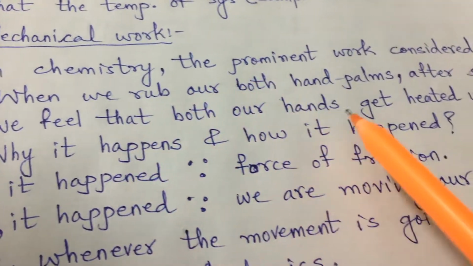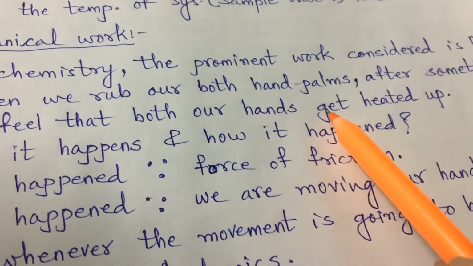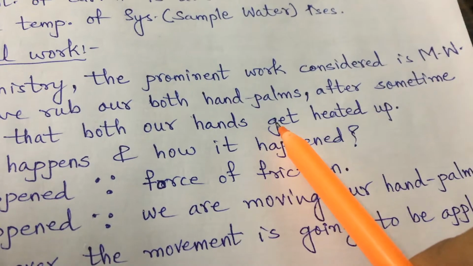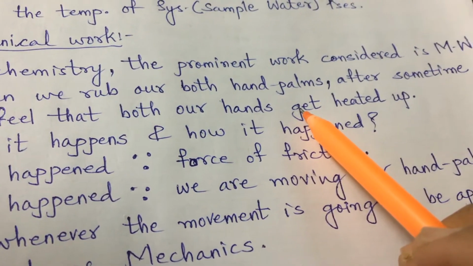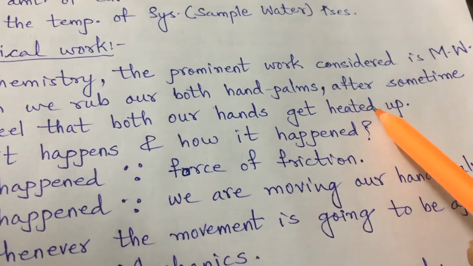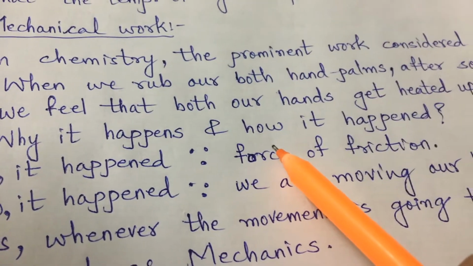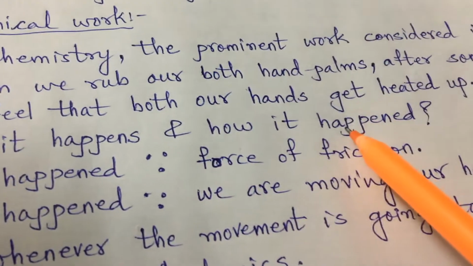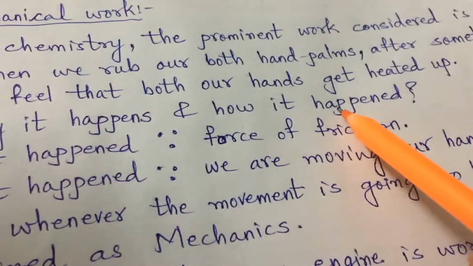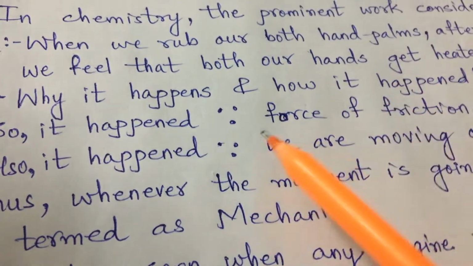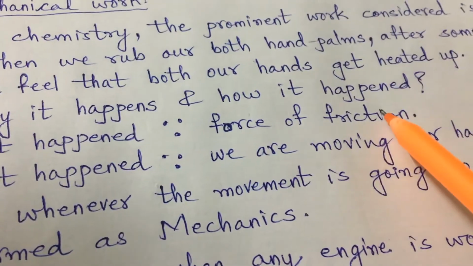When we feel too cold in winter, what do we start doing? We start rubbing our palms. And after some time, what do you experience? We feel that both of our hands get heated up. So now let us think why it happened and how it happened.